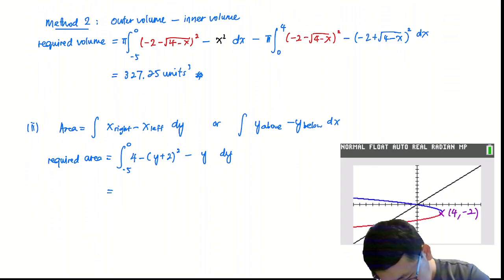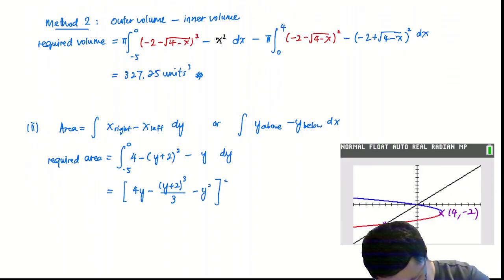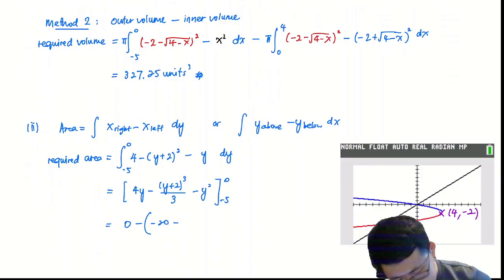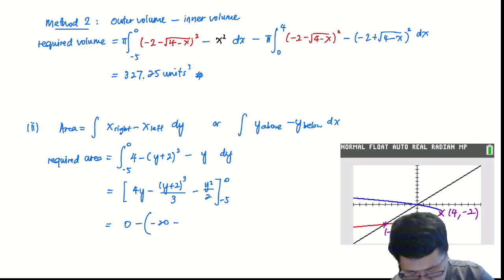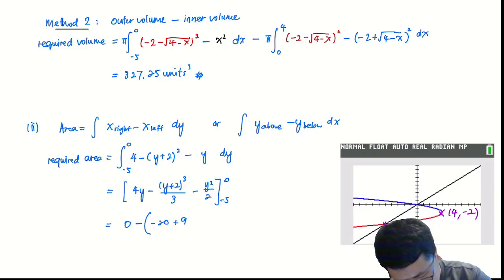So with this, we can slowly integrate this one to be 4y minus (y plus 2) cube over 3 minus y square over 2. We can sub all this in, so this will be 0 minus of -20 minus, found something over here. I think it will be a plus 9 over here.